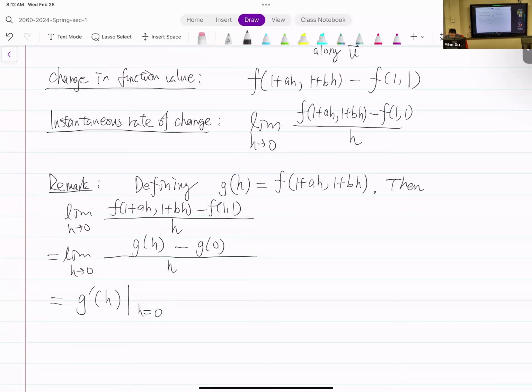And now let's think about what happens. So g is actually defined by what? Basically, the output is f, but now x and y are relying on h, right? So that's the tree diagram we want to establish.